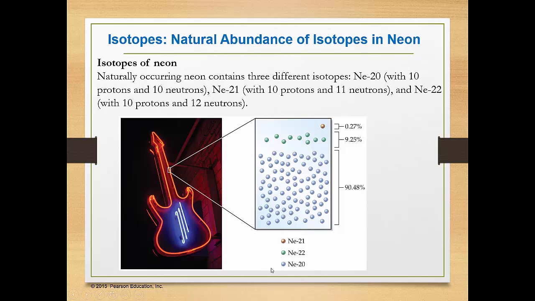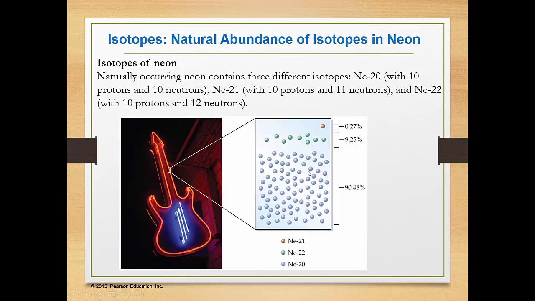So this would have 10 protons and 10 neutrons. The 20 is the sum of protons and neutrons. So always 10 protons, but now 10 neutrons. I also have neon 21, where I have 10 protons and 11 neutrons, and then neon 22, where 10 protons and 12 neutrons. So just a slight variation in the number of neutrons.